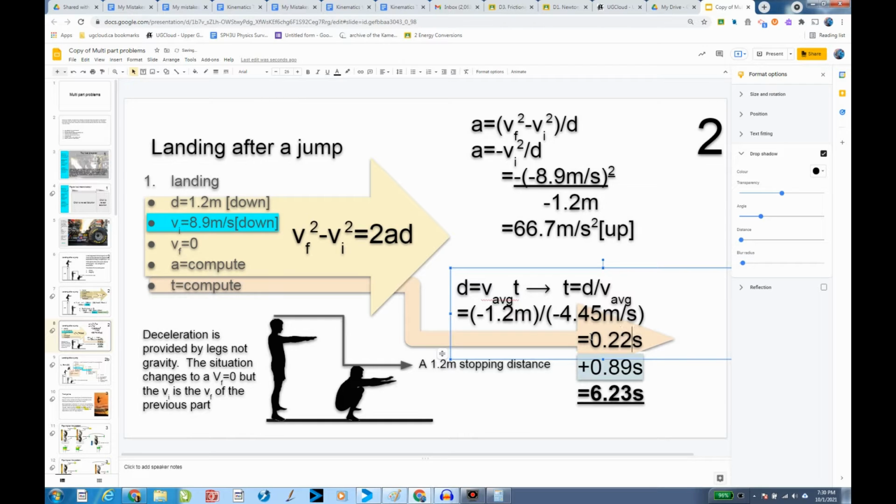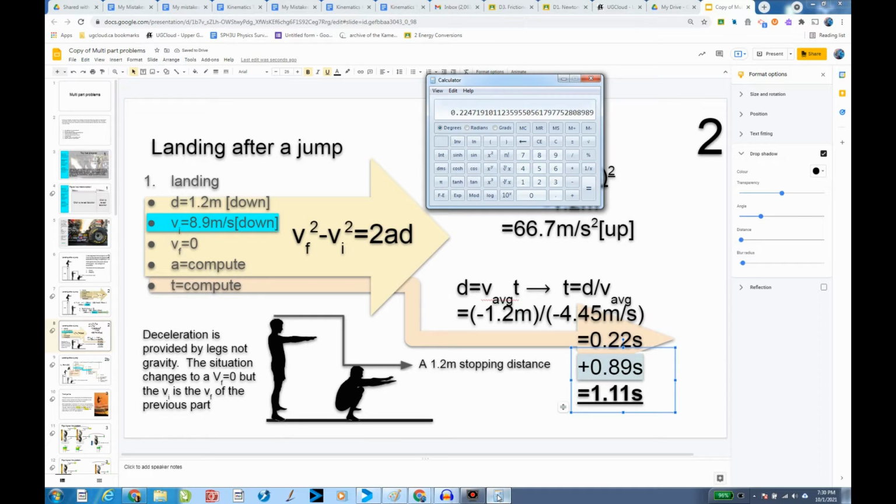Now, 0.2 plus the 0.89, this would be 1.1. If we're tired, let's double check. Isn't that convenient?